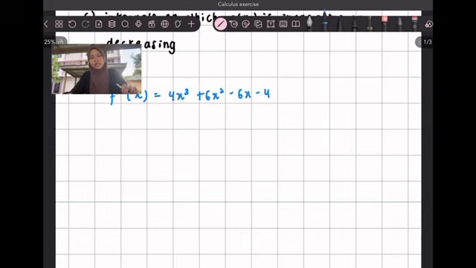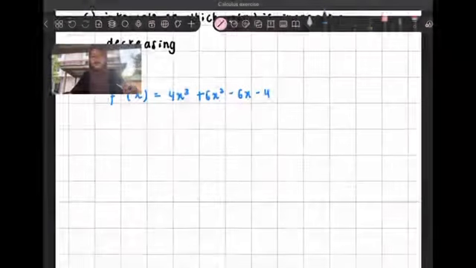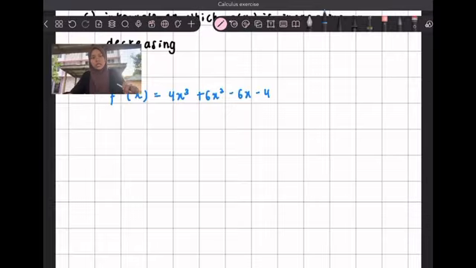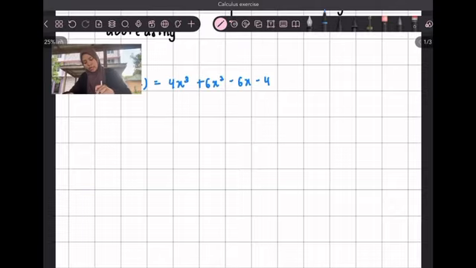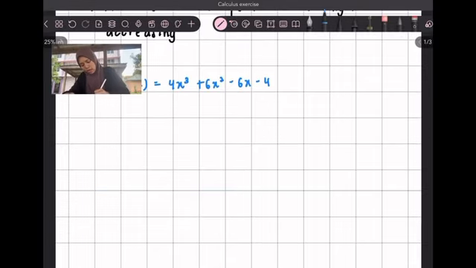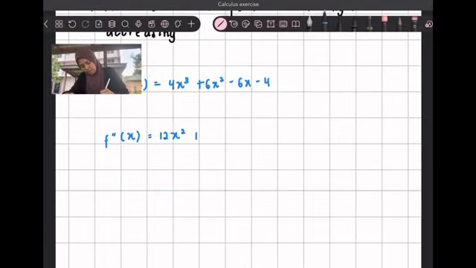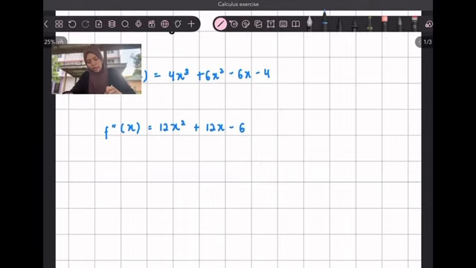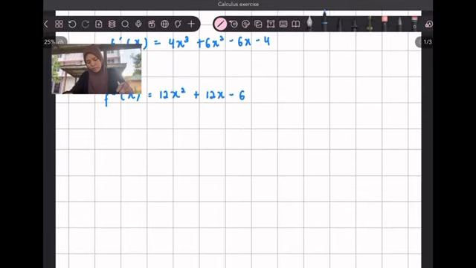So the second derivative is f''(x) equal to 12x squared plus 12x minus 6. This is the second derivative that we get.